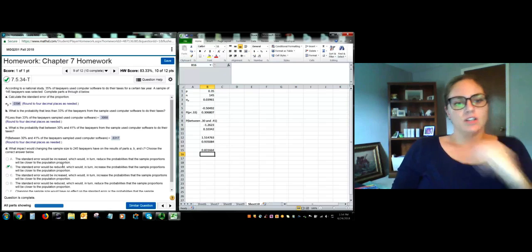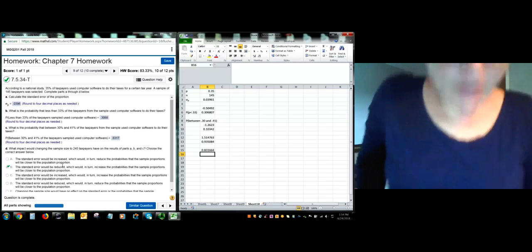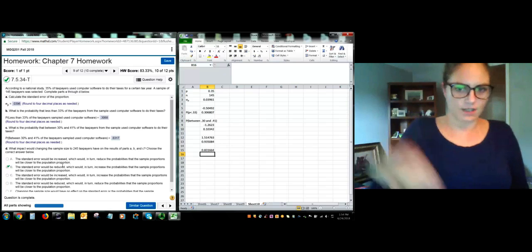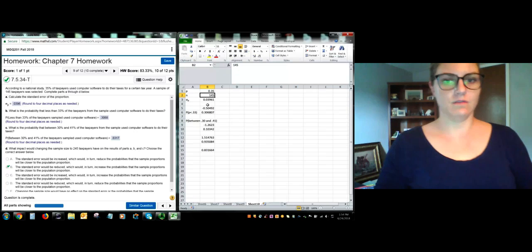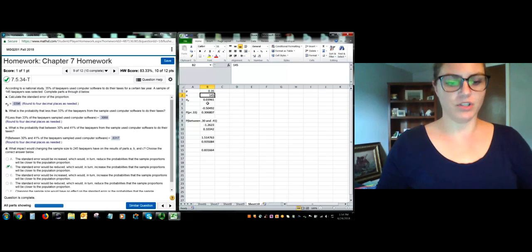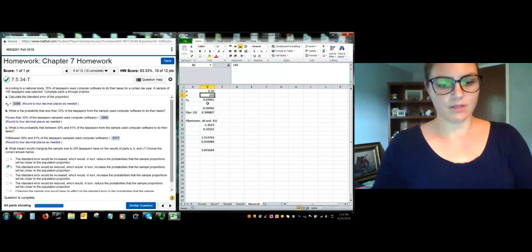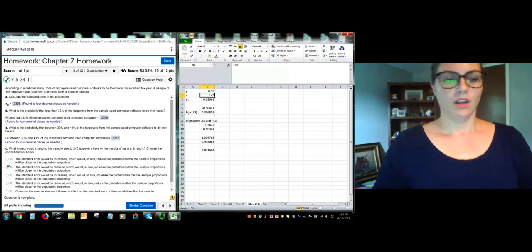So what is the impact of changing the sample to 245 taxpayers? What does it have on the result? If you've set it up like this, you can actually just change this to 245, and watch what it does to the standard error of the proportion. It was 0.03961; if I put this up to 245, it goes down.